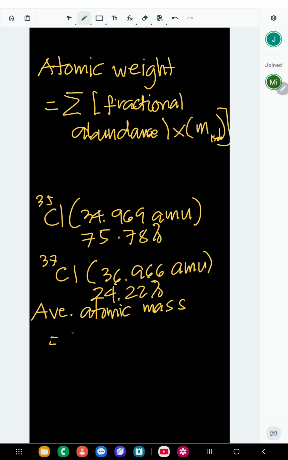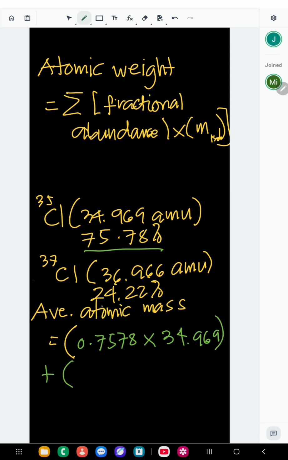We multiply the percentage. We convert this first to decimal. So that is 0.7578 times the mass of chlorine 35, which is 34.969, plus we convert this to decimal, divide by 100, so this is 0.2422 times the mass, which is 36.966.